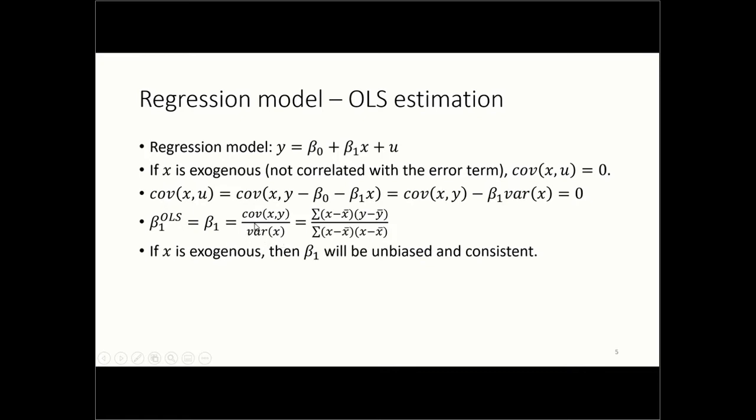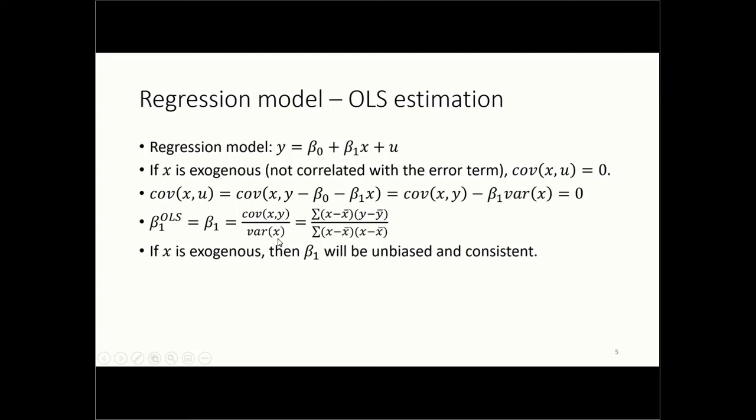If you recognize the covariance of x and y divided by the variance of x, that is actually the expression for an OLS coefficient. The covariance of x and y is the summation of x minus x bar times y minus y bar, over all the i observations. And here in the denominator, we have the summation of x minus x bar times x minus x bar.